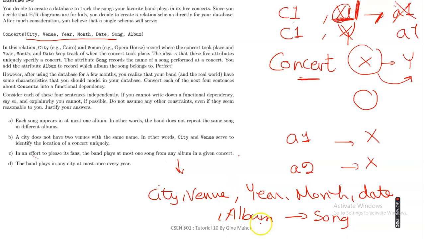So if we have the album and the concert, we can get the unique song that is played in this case. In other words, we cannot have two records of the same album with different songs, because only one song of this album is played in this concert.